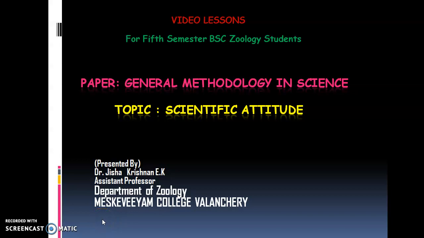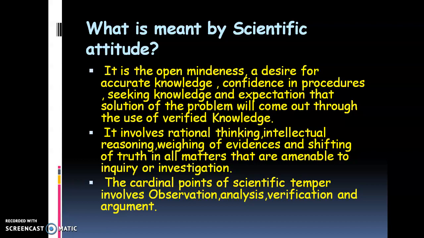So now we are starting with the topic: what is meant by scientific attitude? In this particular paper, we are talking about the different kinds of research methodologies that we need to follow while we are doing a scientific program, a scientific process, or research.